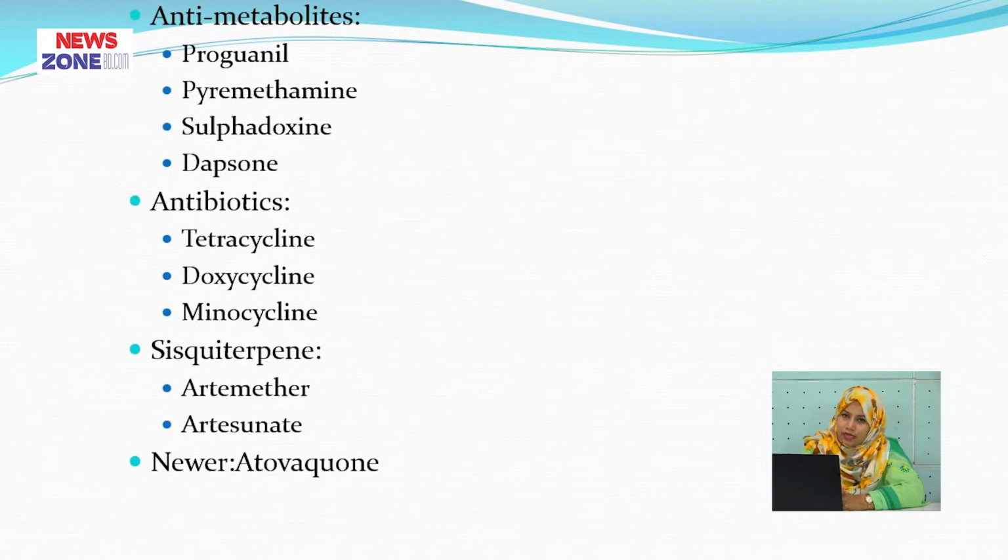Now antimetabolites are proguanil, pyrimethamine, sulfadoxine and dapsone. And antibiotics are also effective in case of malaria. What are they? They are tetracycline, doxycycline and minocycline. Now sesquiterpene derivatives, that is artemether and artesunate, and a newer drug is atovaquone.